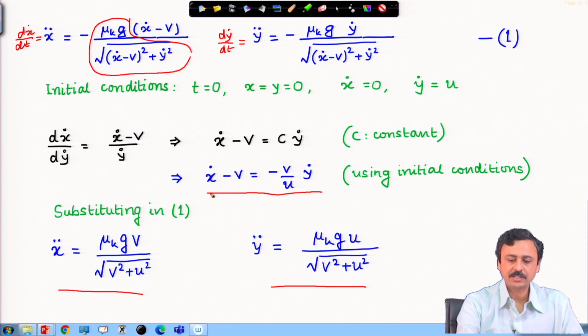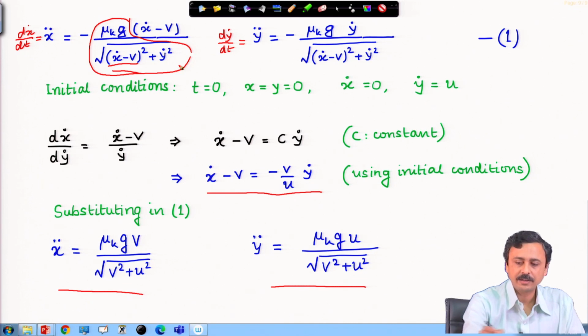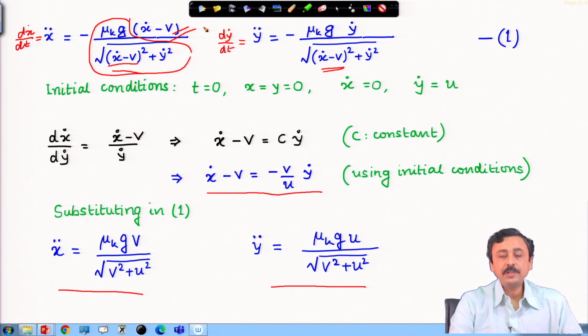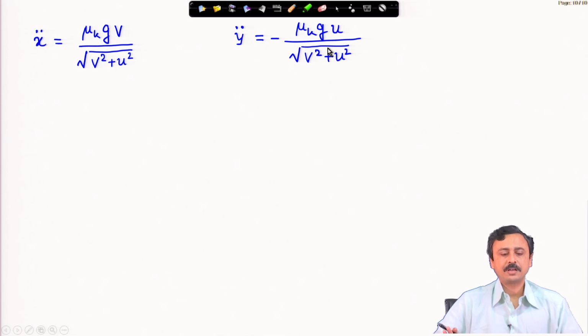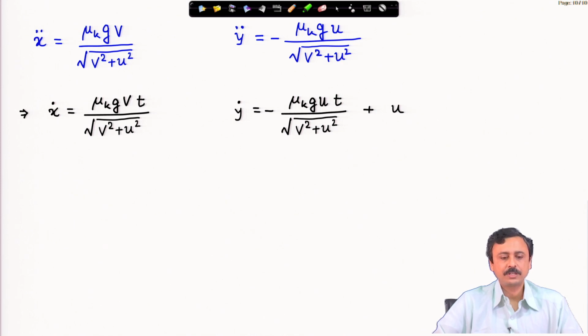You have to just use this x dot minus v is minus capital V by u y dot everywhere, here, here, here, and then you will get x double dot and y double dot surprisingly as constants. So, these are finally my simplified equations of motion, which I need to integrate, which is very straightforward. I integrate and use the initial conditions, always integrate and use the initial conditions. This gives me the velocity, and you can note that at time t equal to 0, x dot is 0, y dot is u.